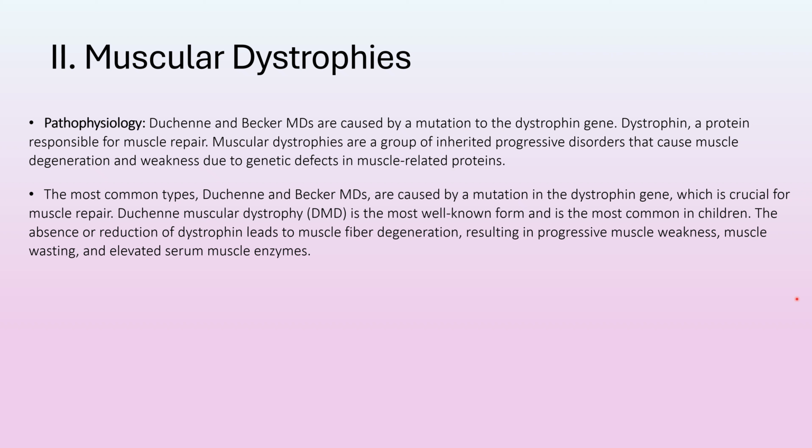Dystrophin protein is responsible for muscle repair, located on the plasma membrane of muscle fibers, and provides reinforcement and stabilization of the glycoprotein complex. Absence or reduction of the dystrophin glycoprotein complex is digested by proteases, which causes degeneration of muscle fibers resulting in muscle weakness.